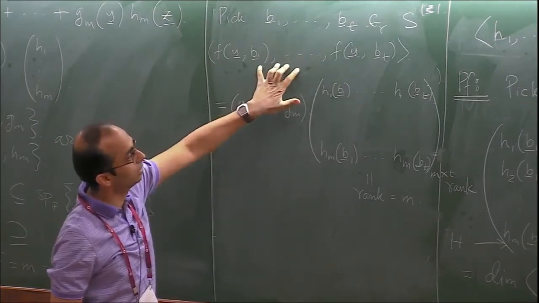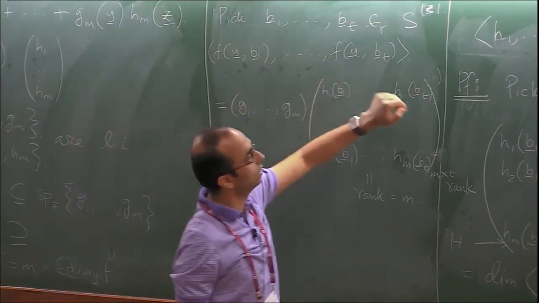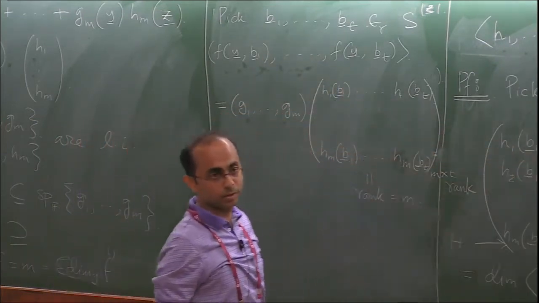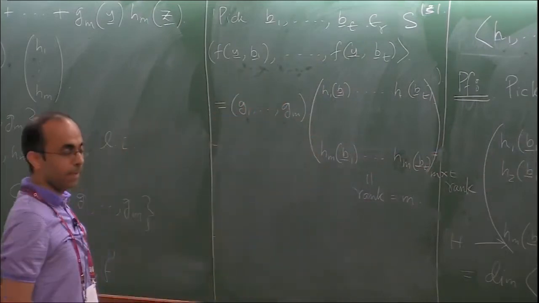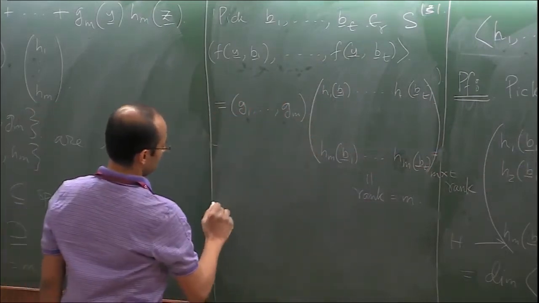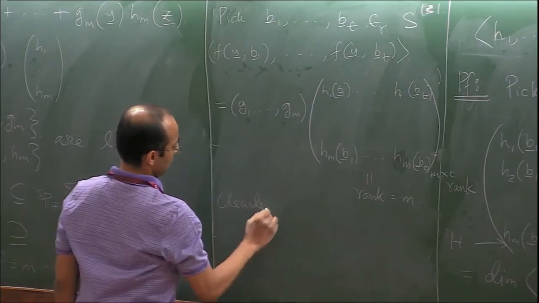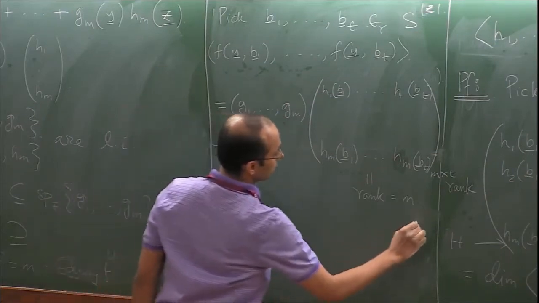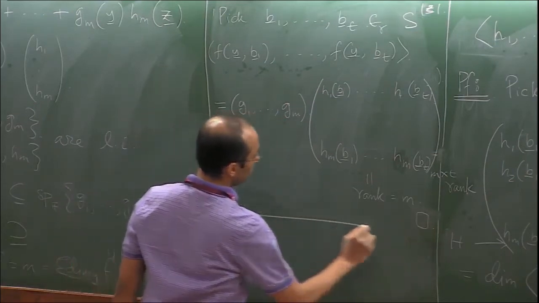And to get the size of a basis for this, you use proposition 1, right? You have black box access to this also. Clearly, so let me not write it, hence the proof.